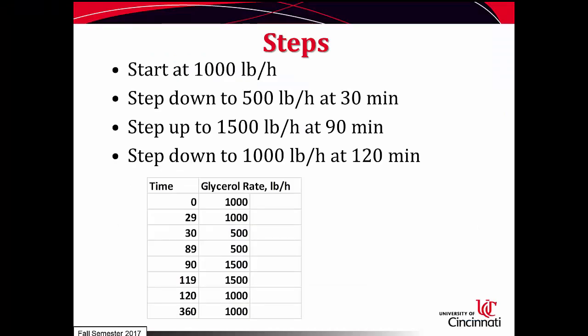The next option we want to look at in the ramp function is making step changes. The ramp function doesn't have a way of doing that explicitly, so what you can do is run the previous process condition up to the time step before you want to make the step change. So you can see here, if I want to step down to 500 pounds an hour at 30 minutes, I'll use the ramp to say go from 1,000 at time 0 to 1,000 at 29 minutes.